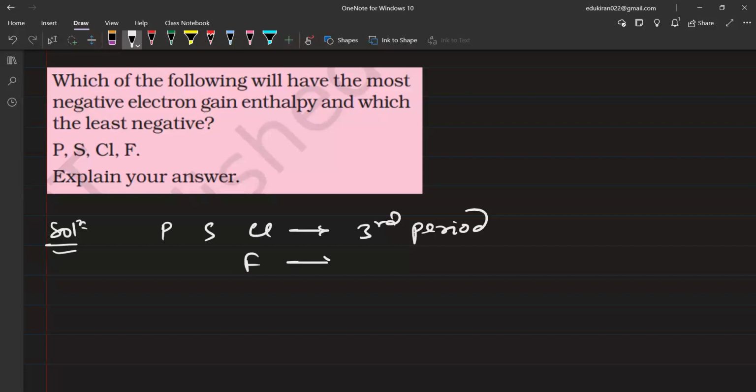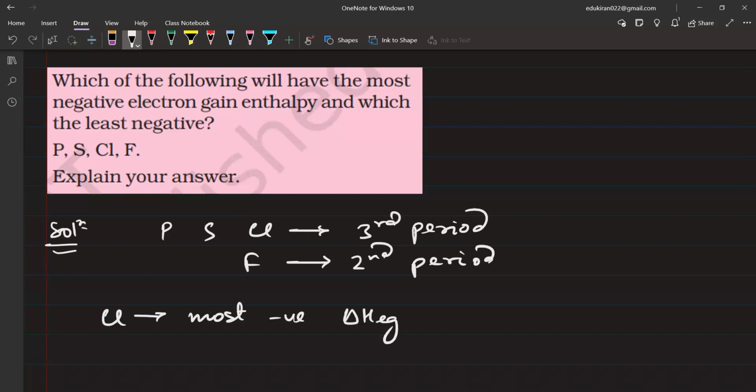And fluorine belongs to the second period. So we expected that fluorine should have the least electron gain enthalpy, but we have seen the reason right now. If I compare fluorine and chlorine, then obviously chlorine will have the largest electron gain enthalpy, right? Yes or no? Most negative delta HEG.